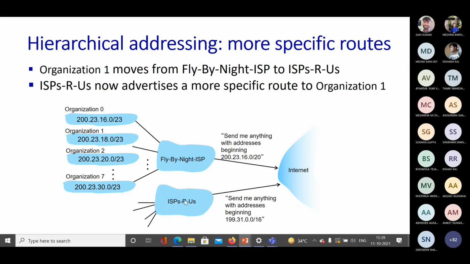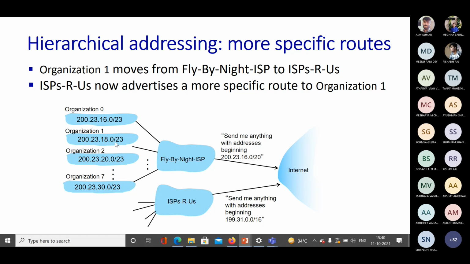As of now, it has already informed that it can serve any hosts which have addresses starting with 199.31.0.0. But organization 1 has the IP address 200.23.18.0/23.